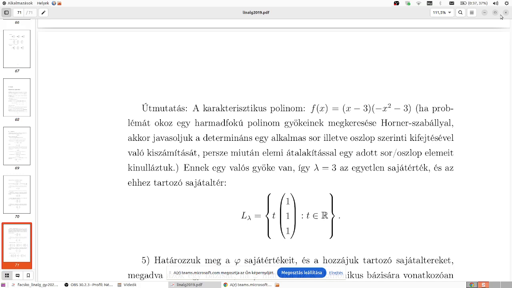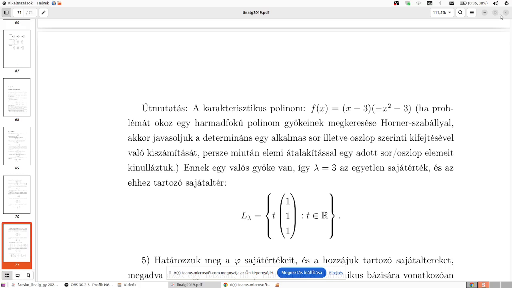Okay, so with some magic, I recognize this lambda minus 3 in the polynomial, and I convert it to this form.